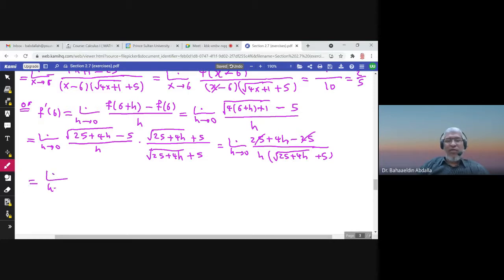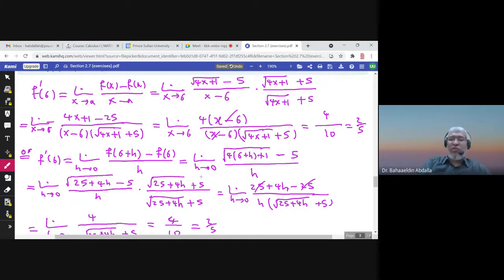So I'll have 4 in the numerator and in the denominator the square root of 25 plus 4h plus 5. And now I can replace h by 0. I'll have 4 times 0, which means 0. So the square root of 25 is 5, plus 5 is 10. And the slope is 2 over 5. Same.